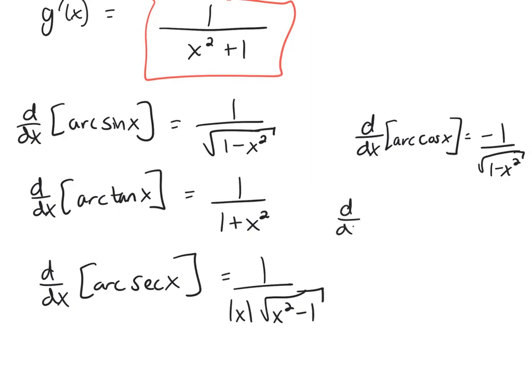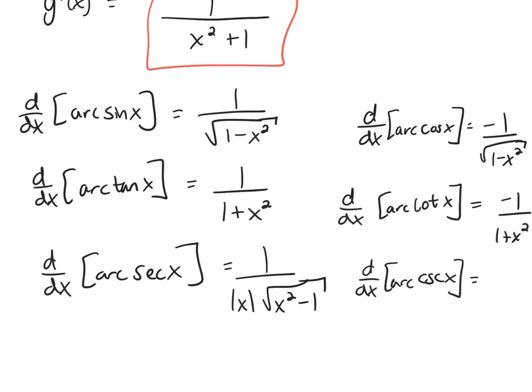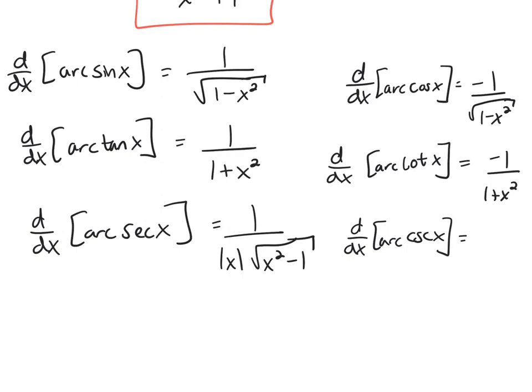The derivative of arccotangent will be a negative 1 over 1 plus x squared. And finally, the derivative of arccosecant will be a negative 1 over the absolute value of x, the square root of x squared minus 1.